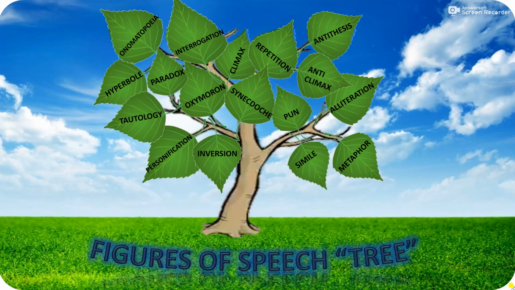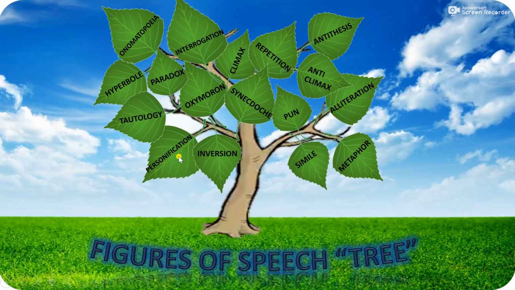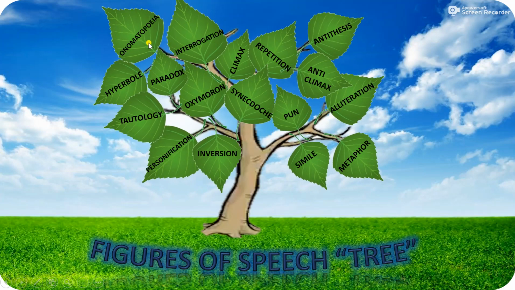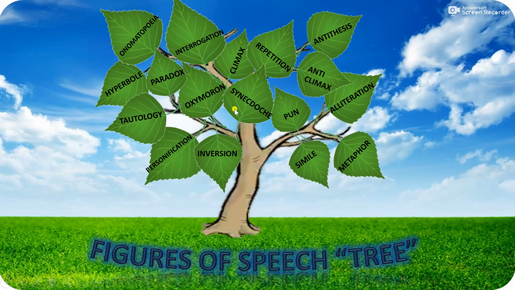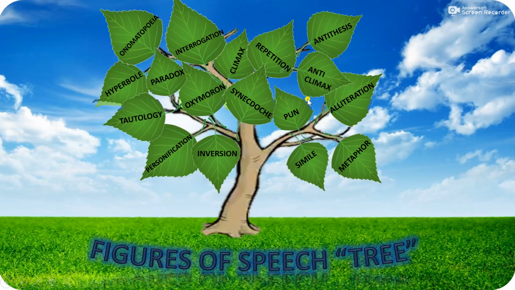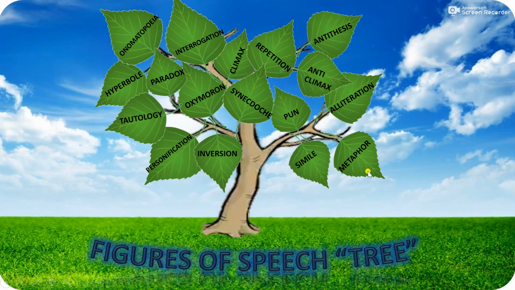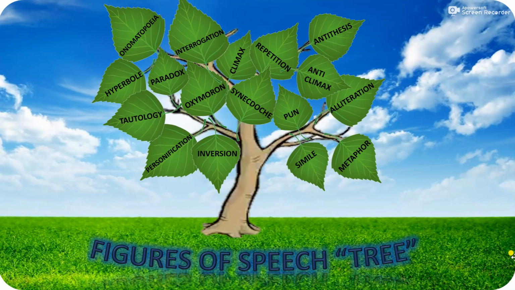It says inversion, then we have personification, the next is tautology, then hyperbole, onomatopoeia, paradox, oxymoron, interrogation, climax, synecdoche, repetition, antithesis, pun, anticlimax, alliteration, simile, metaphor, and there are many more. So let us discuss a few very simple basic figures of speech today.